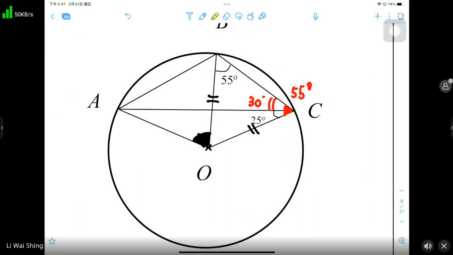Can you see it? The starting points are here. Angle at circumference is 30 degree, and you are asked to find angle at center.